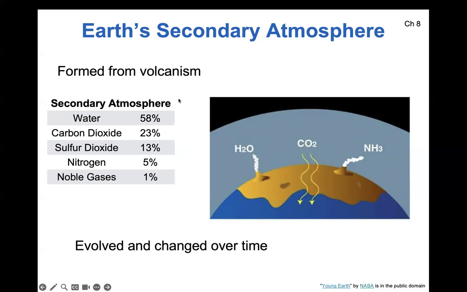And the secondary atmosphere was composed of water, over half water, carbon dioxide, sulfur dioxide, nitrogen, and noble gases. The reason that these molecules and atoms got into the atmosphere was mostly from outgassing.